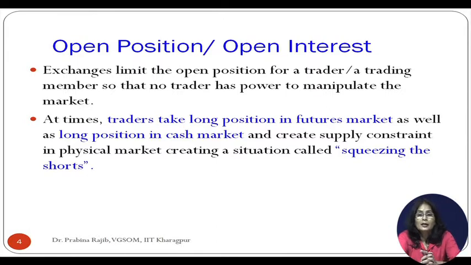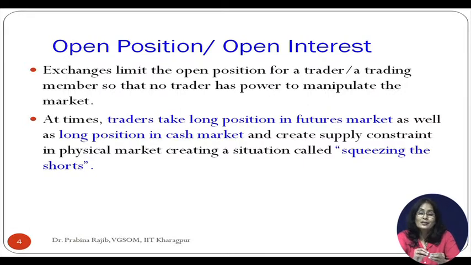And as you recall, in the previous session we discussed that exchanges limit the amount of open interest a client can have at a given point of time. So exchanges limit the open position for a trader or trading member so that no trader has the power to manipulate the market. At times, in fact, there's something interesting I thought of sharing with you all.